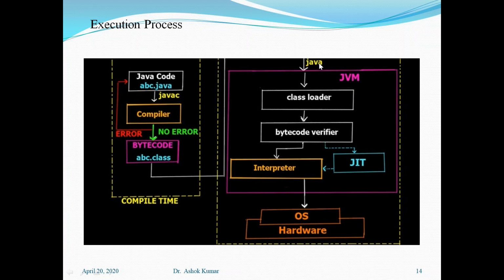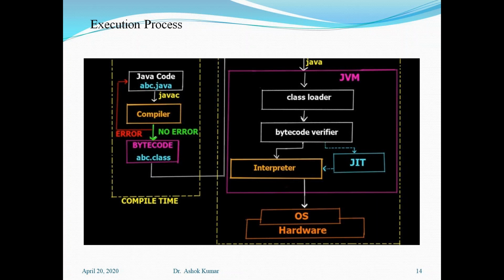So when you run the file using the java command, what happens? Your class file gets loaded into memory using the class loader. The JVM has one module, and that module is the class loader. What is the responsibility of this loader? It reads the class file and loads it into the JVM memory.